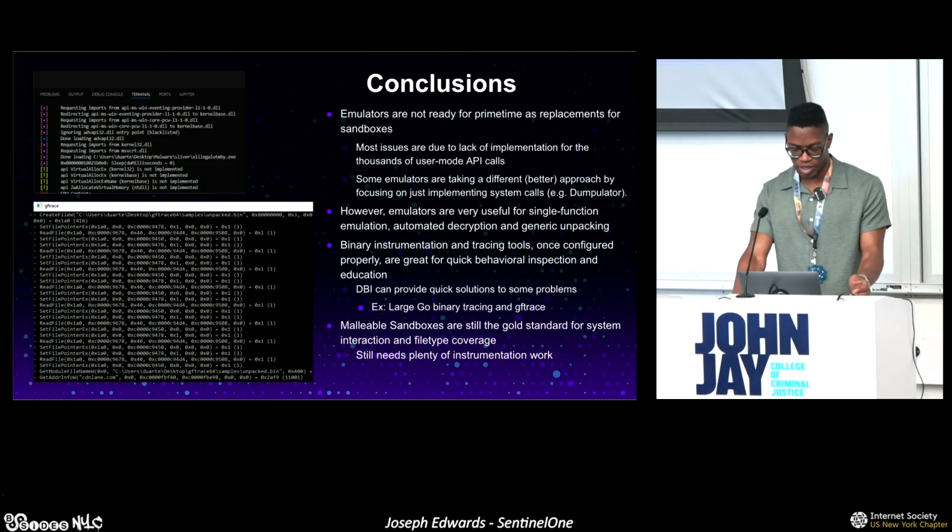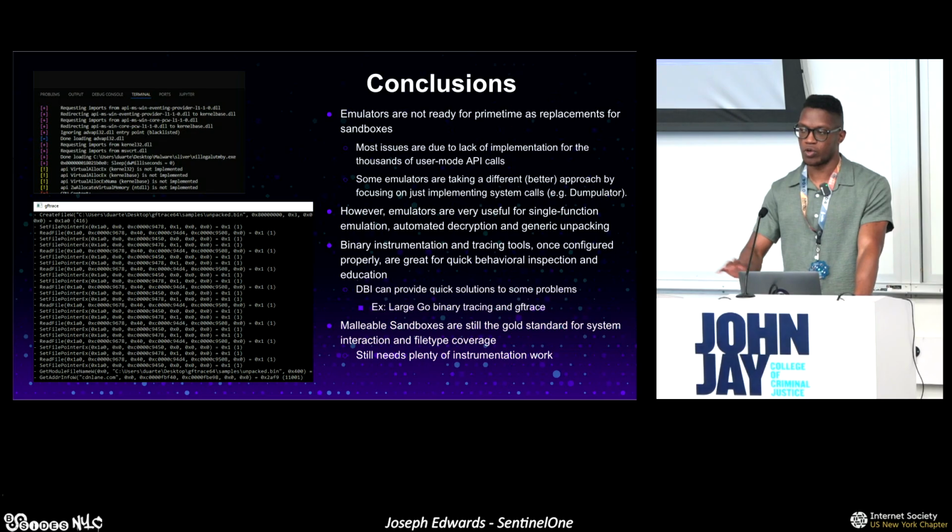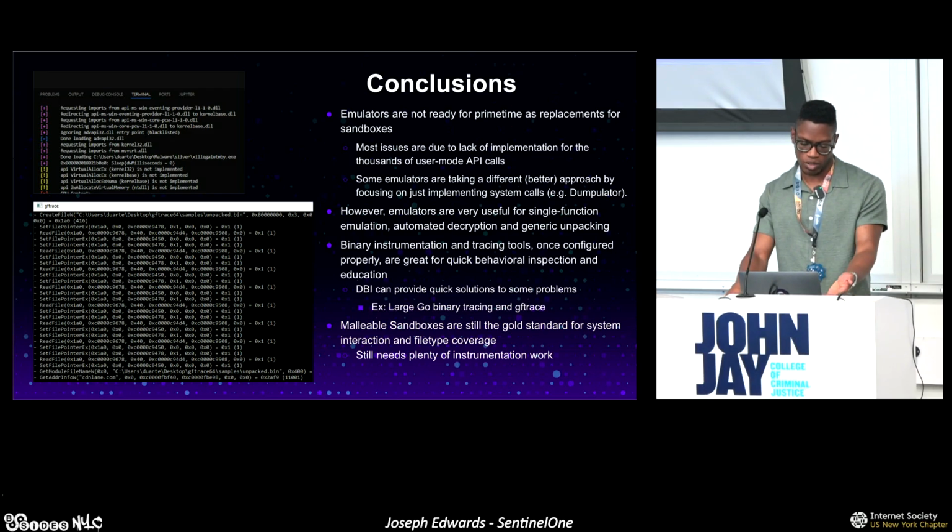Below it is a trace using GoFTrace, which stands for Go function trace. It was written by somebody who noticed that for Go binaries there's a gate that all Windows API calls go through to execute any operating system calls. He just hooked this function, and he provides a default list of APIs that get hooked.